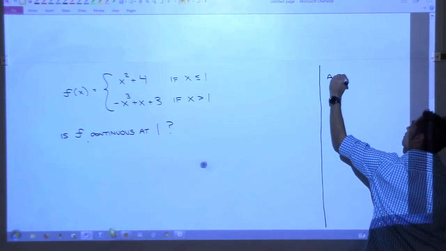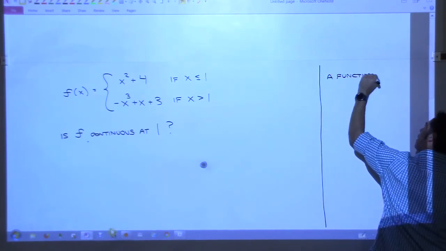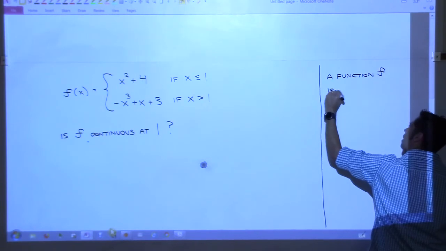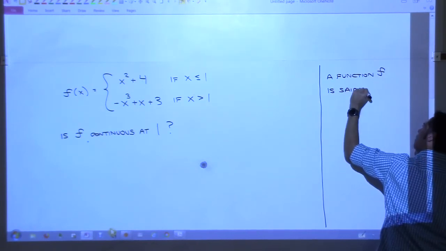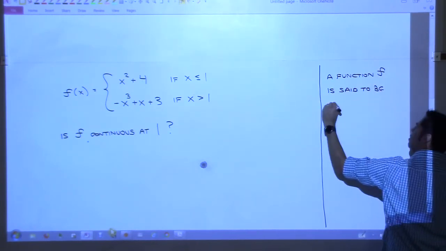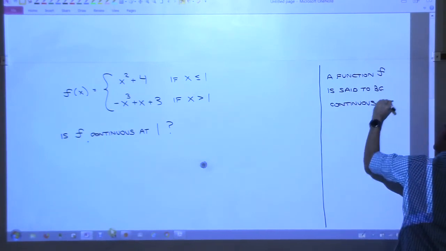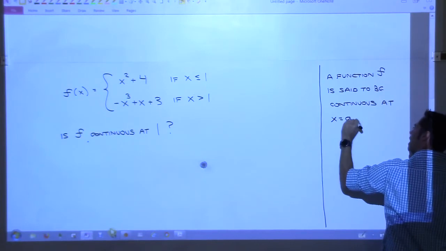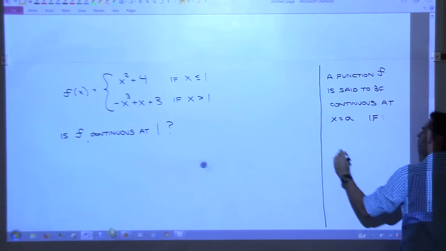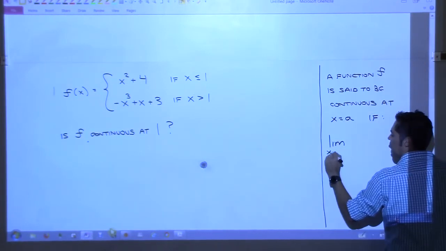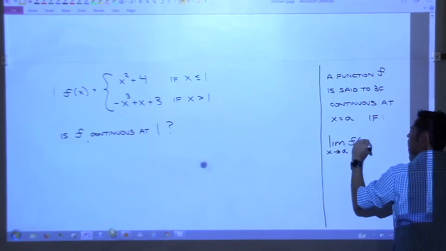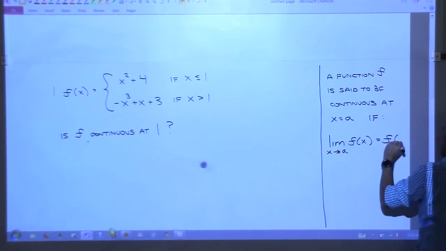A function f is said to be continuous at x equals a if the limit as x approaches a of f of x equals f of a.